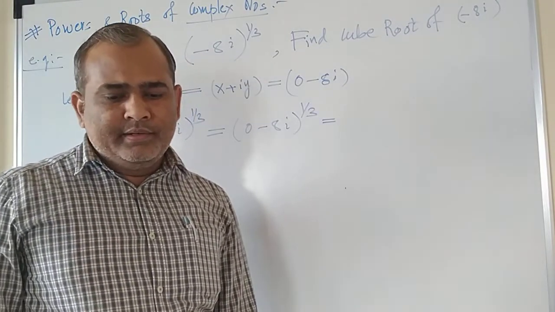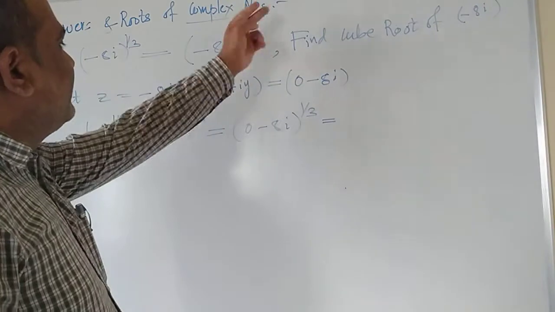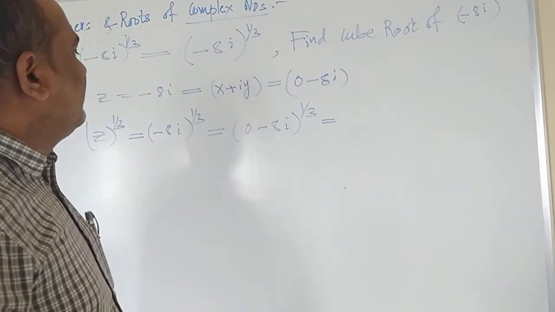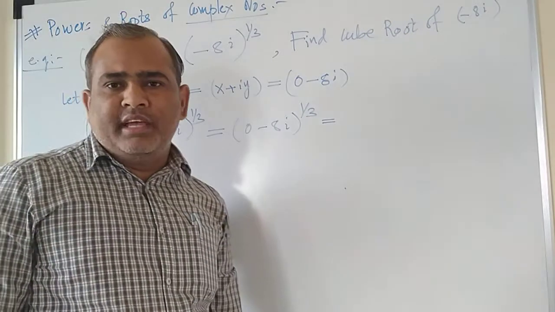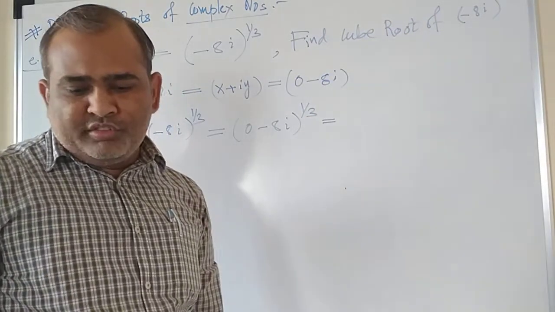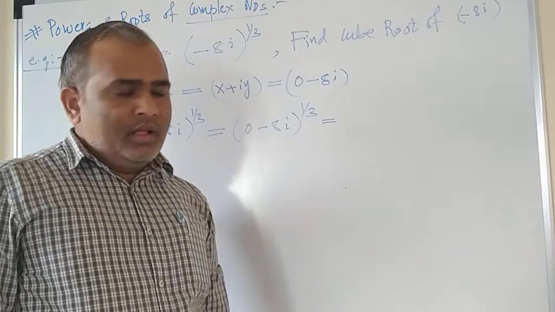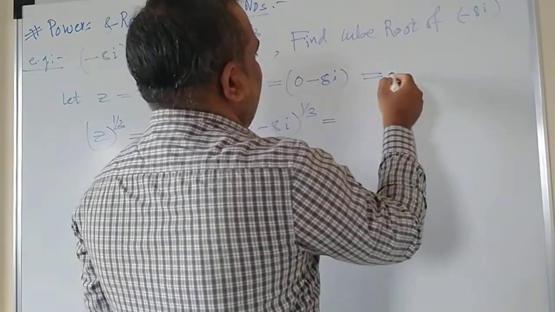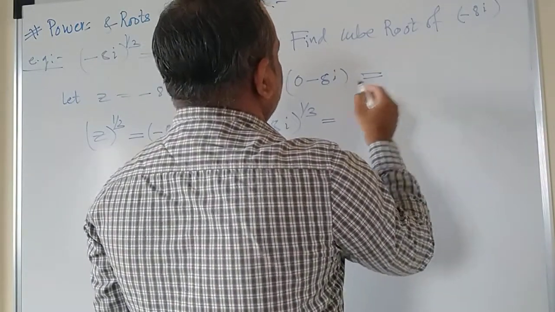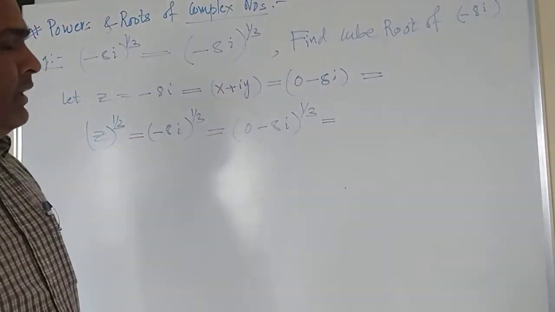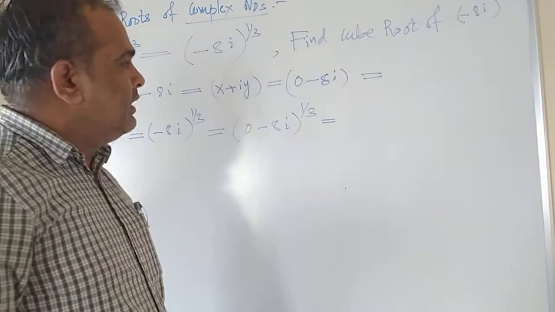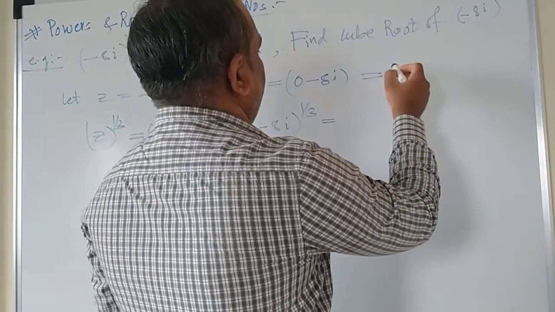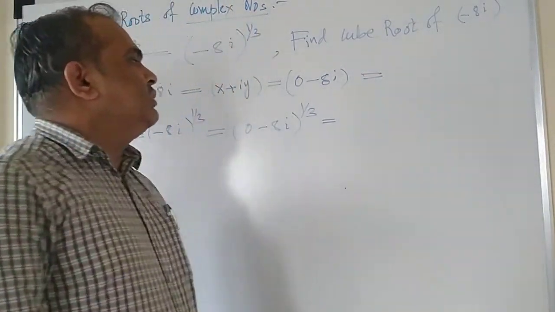How can you write it? Now you can write it in terms of cos theta and sin theta. To get it in terms of cos theta and sin theta, you should write this minus 8i as 0 minus 8i.